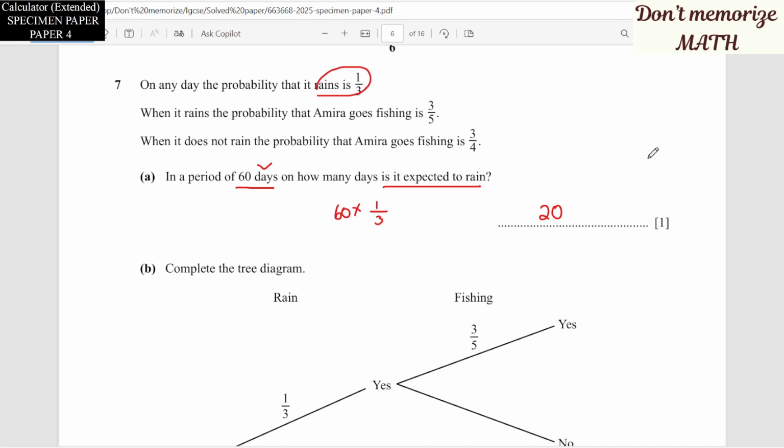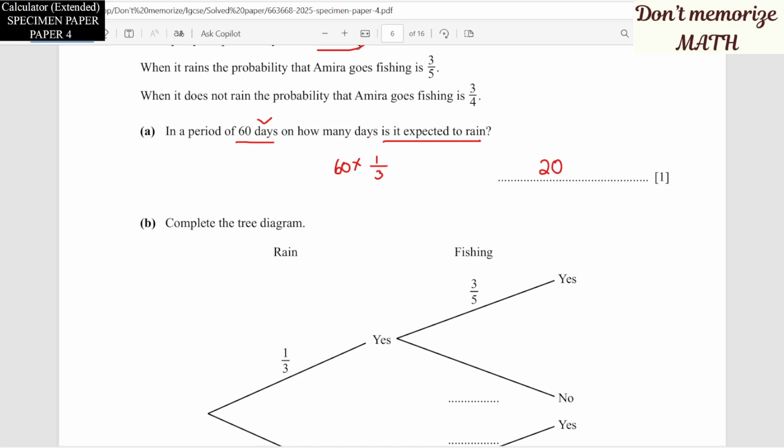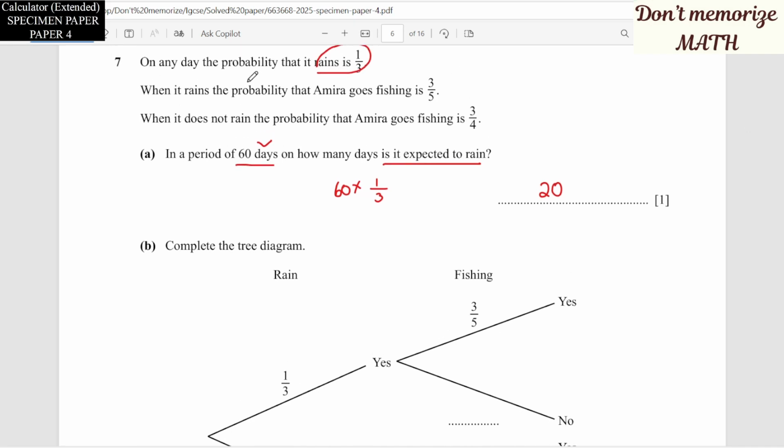Then complete the tree diagram. It's easy, right? On any day, the probability that it rains is 1 over 3. This is given in the picture. Then when it rains, the probability that Amira goes fishing is 3 over 5. That is also in the picture.